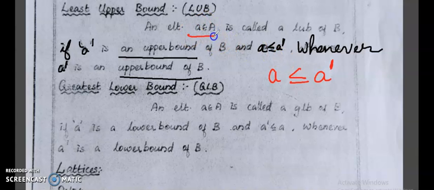Let a be an element of A, and this a is called the least upper bound of B.